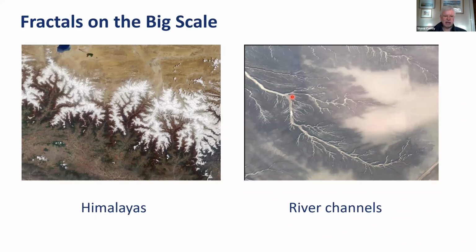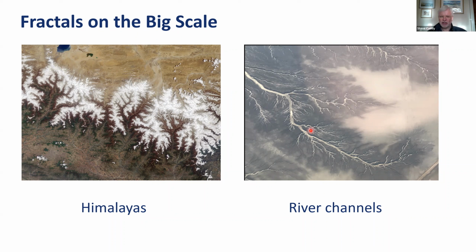This is a photograph from the International Space Station of the Himalaya. You can see that the major ridges are these shapes, but as you go in closer, the smaller ridges are the same kind of shapes. And as you get closer and closer, it's a simple repeating pattern.